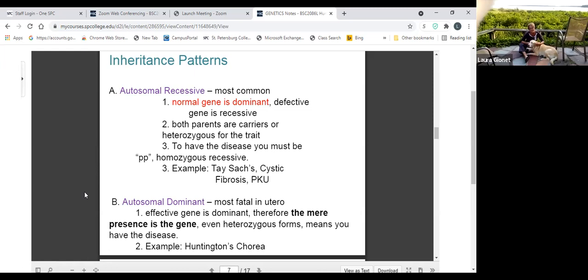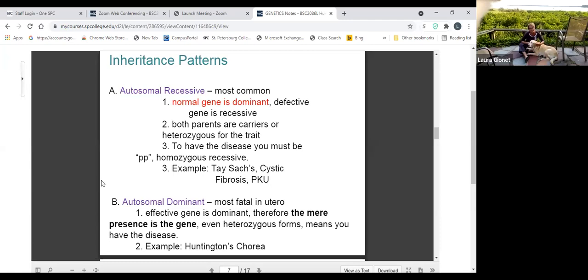These are what's called the Mendelian genetics patterns. You either have something, you're either normal or you have a disorder. You either have the ability to taste PTC, which is a bitter substance, or you don't. There's no in between. You're either one or the other. Those are your only two outcomes.